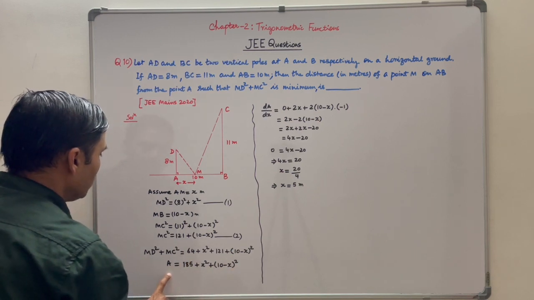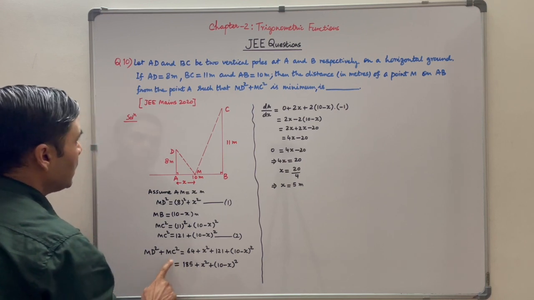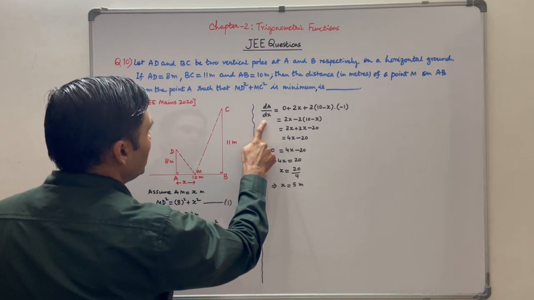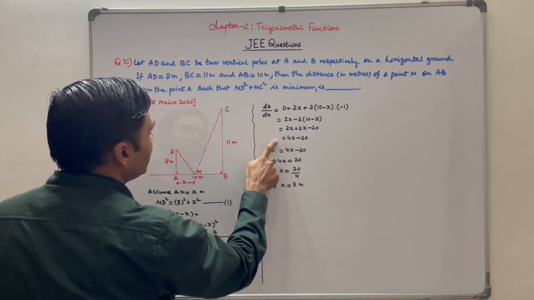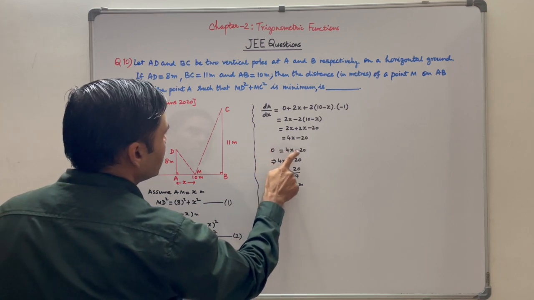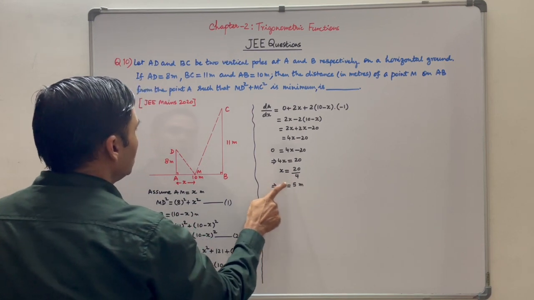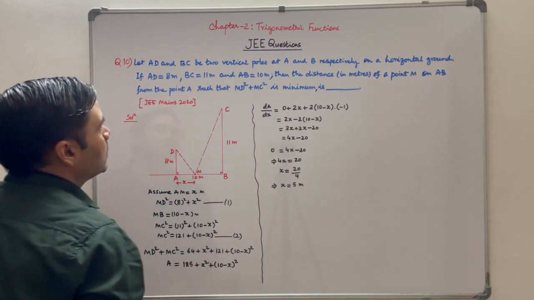Now at a maximum or minimum point, the slope of the tangent will be equal to 0, and the slope of the tangent is given by dA by dx. So we will find dA by dx and equate that to 0. So 0 is equal to 4x minus 20, or x is equal to 5 meter. So that is our answer.